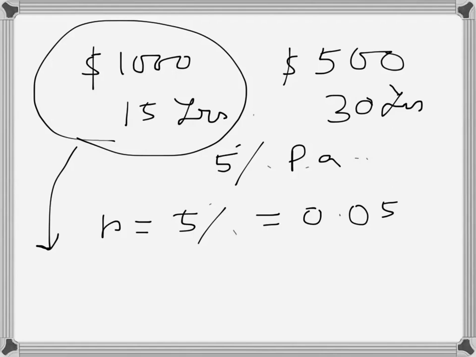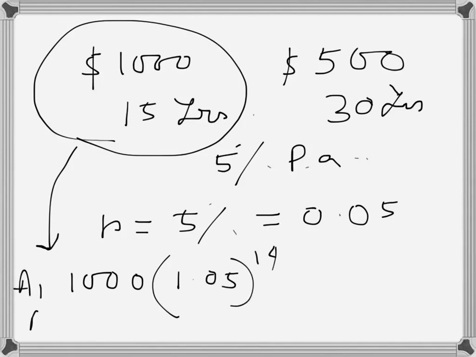The first one that is invested at the end of the first year will be there for 14 years, since it is given at the end of each year. So the first one will stay there for 14 years, so that will be 1000 times 1.05 to the power 14. This is A1.